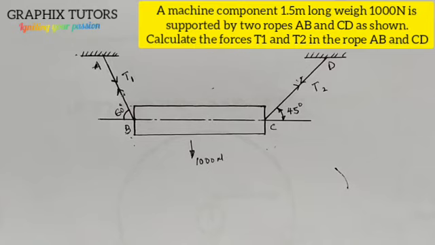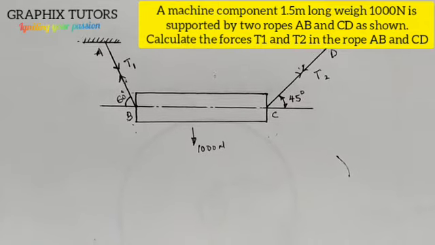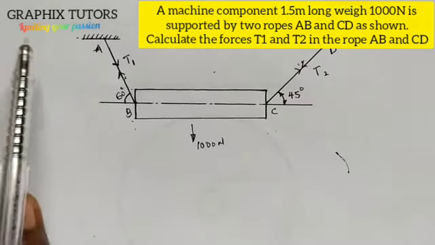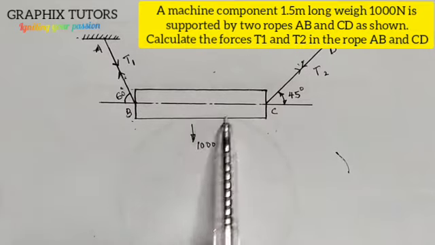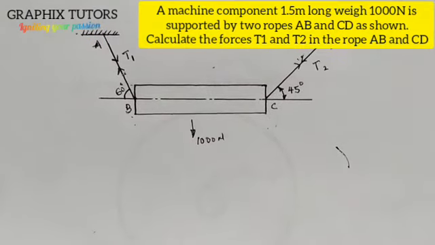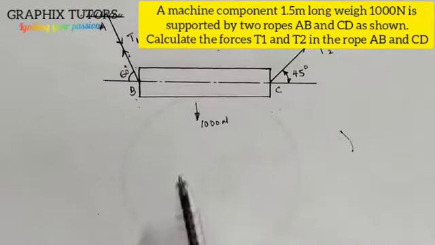Now we have to draw the free body diagram of this machine component. There are different ways you can do this, but one of the ways is this. In drawing the free body diagram, we know we have 2 forces meeting at this machine component, and the machine component is acting downward.